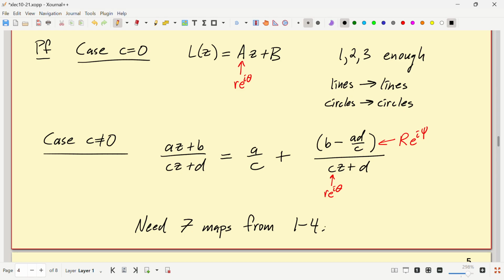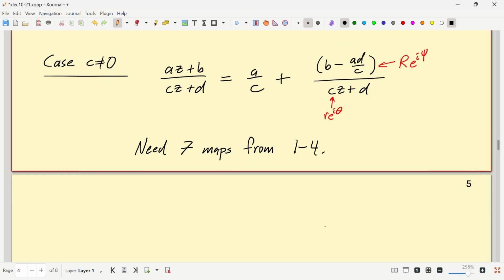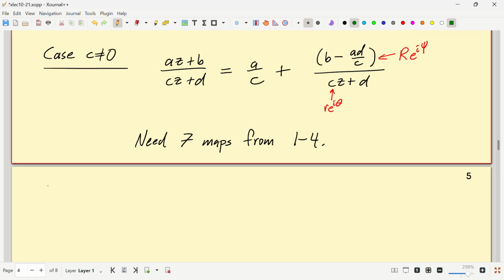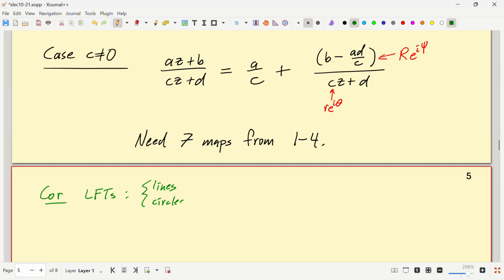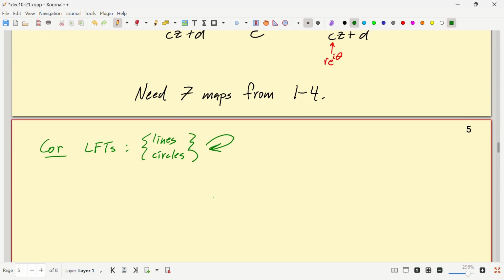Okay, so the corollary of this basic fact is that LFTs take lines and circles to lines and circles. Because each one of those 3 maps do. Okay, this is kind of a proof. 1, 2, and 3 take lines to lines and circles to circles.